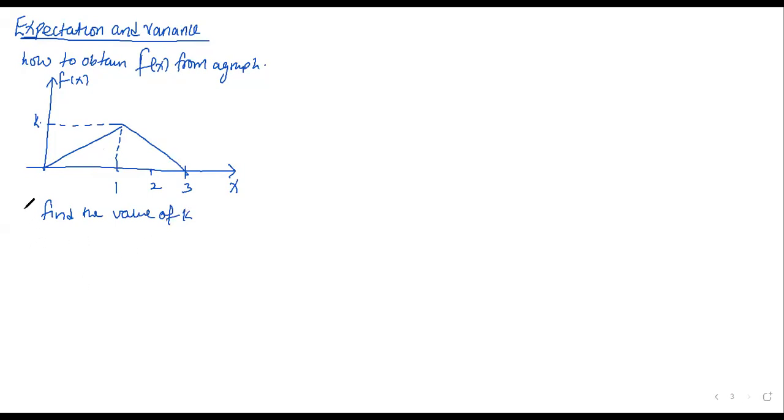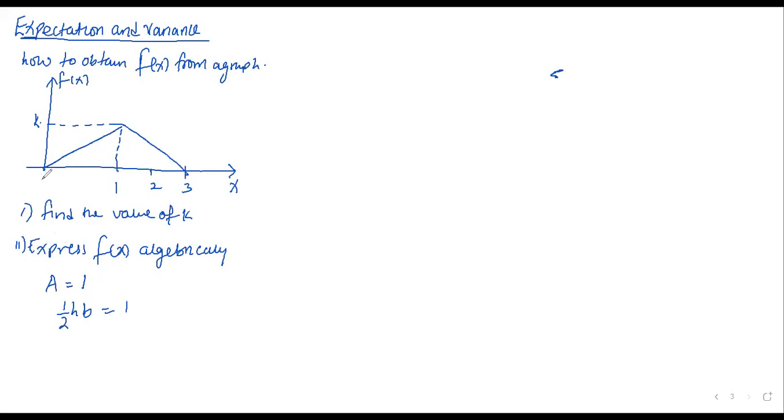Then they can ask you to express f of x algebraically, meaning they're asking you to design the function, the PDF. So to get k, you just get the total area under the graph, which is supposed to be 1, which is a half h times b.